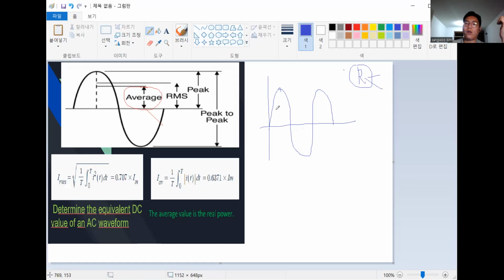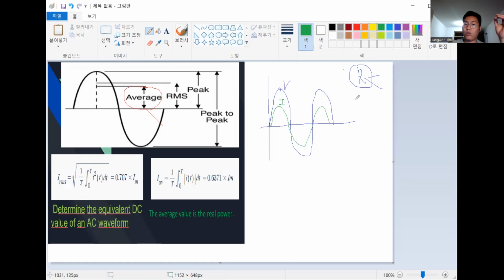Okay, so look at that. For now, this is V, and I will say this screen is I. In a pure R load or resistor, V and I are in the same phase. You know what I mean?